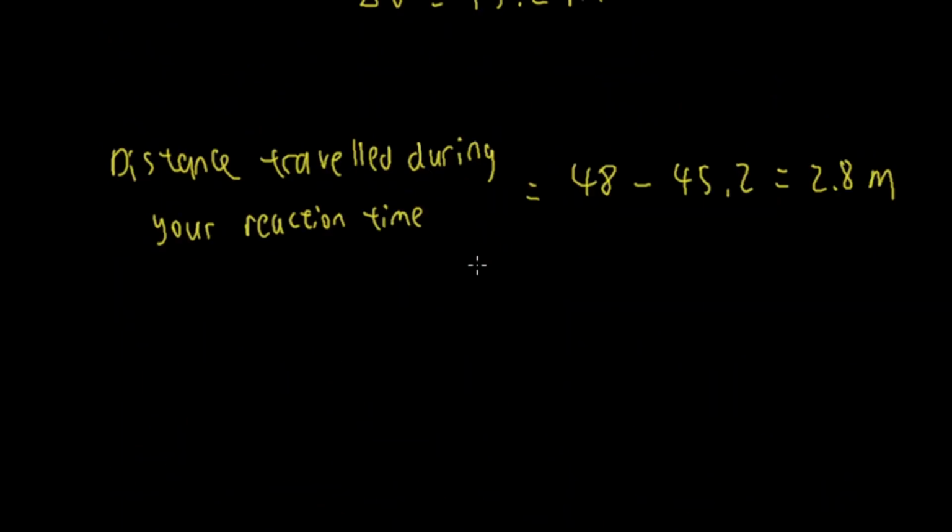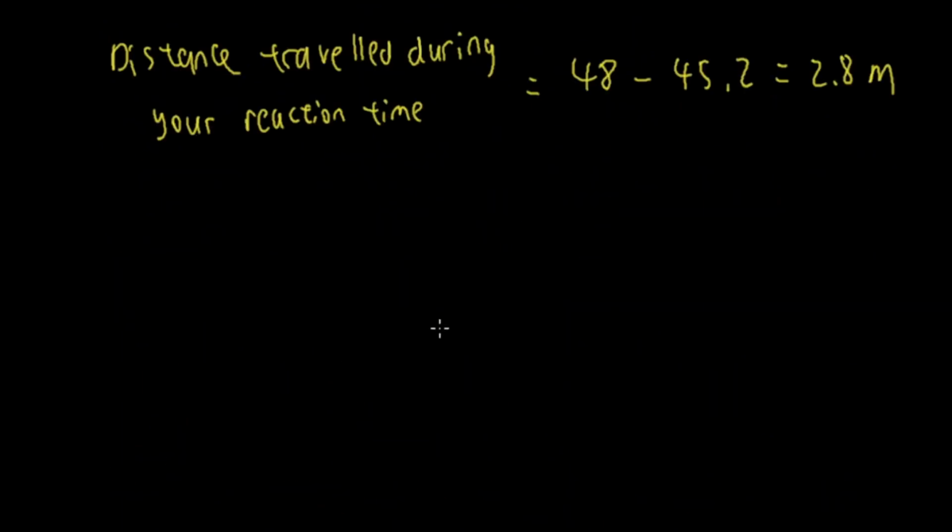Okay, now, next, we have to calculate your reaction time. So let's see what information we have, okay? Now, we do know that the initial velocity of the car is 20.83 meters per second north.